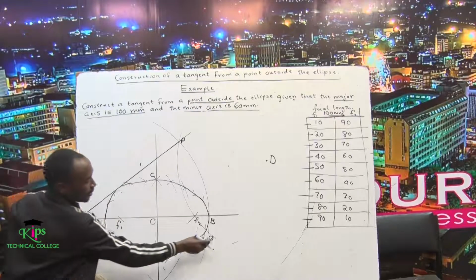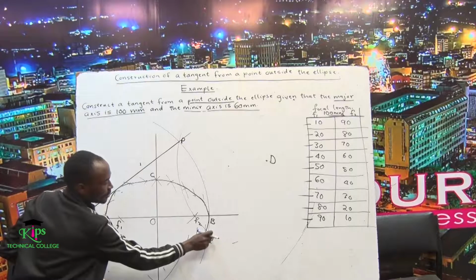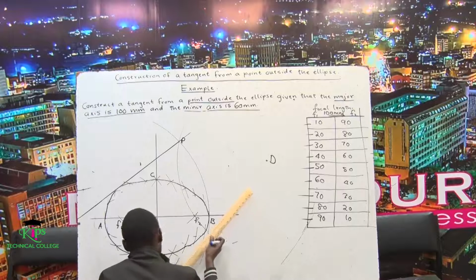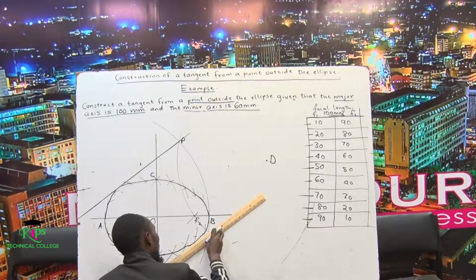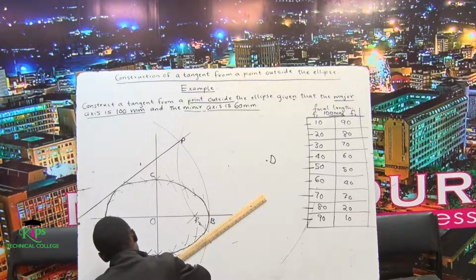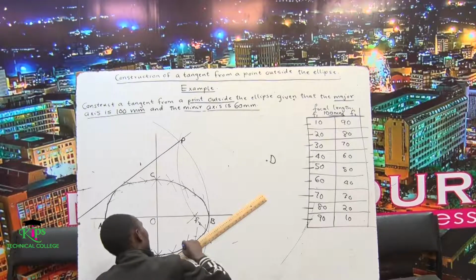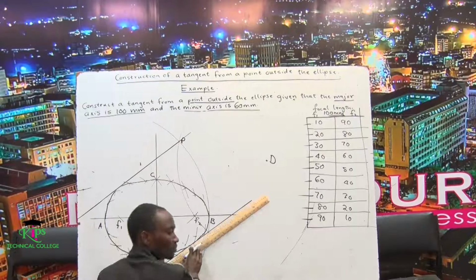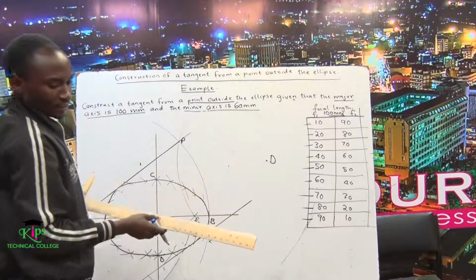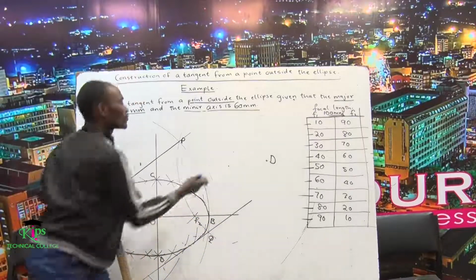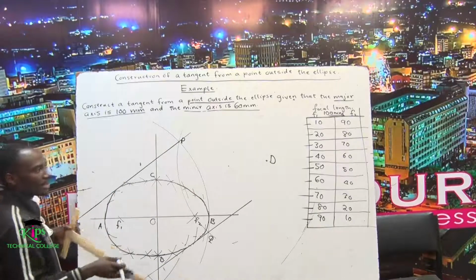Then again, draw another one starting from this point Q touching the surface of the ellipse. Like that.